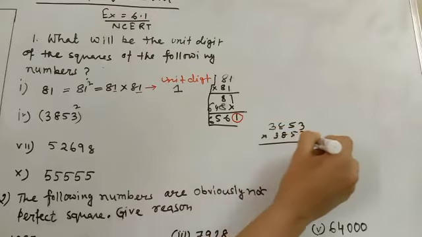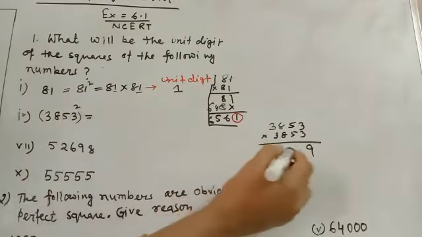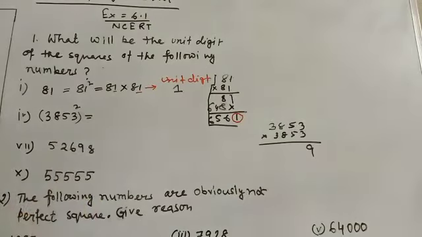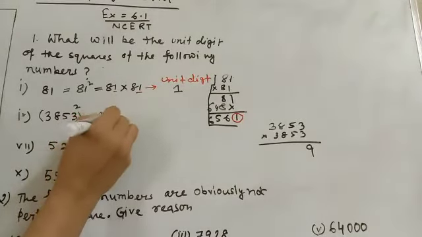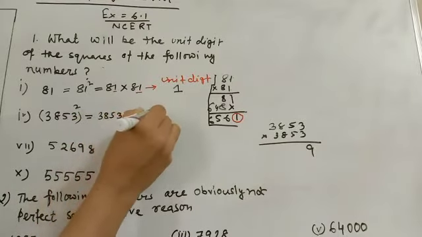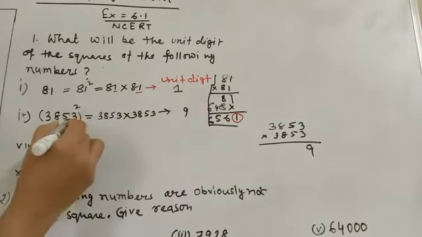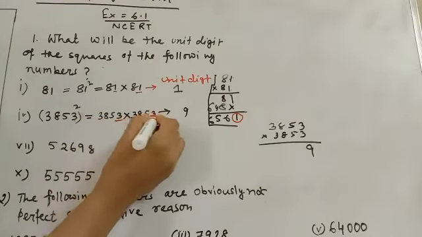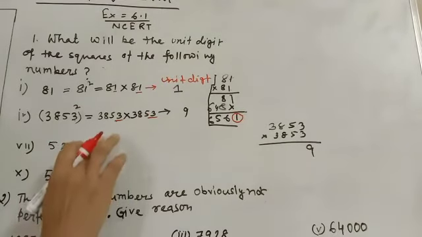We will not multiply everything. 3 3s are 9. Therefore the unit place digit will be 9, because 3 3s are 9. The same way you can do this one also.